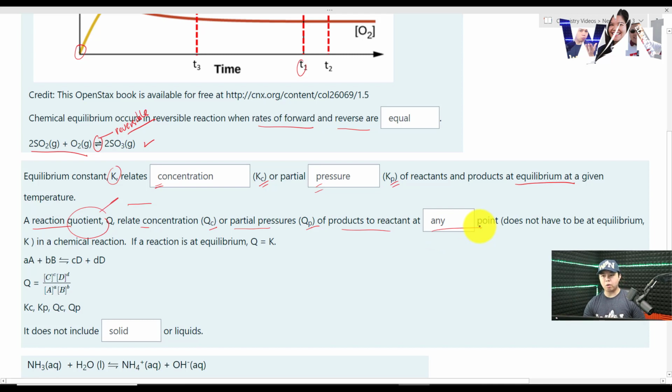So Q is for any point at any time for that particular reaction. So what does that tell you? Well, if K is for equilibrium, and Q is equal to K, that means it is at equilibrium, because again, K is for equilibrium. So now let's learn how to write the quotient or the equilibrium constant for a reaction.